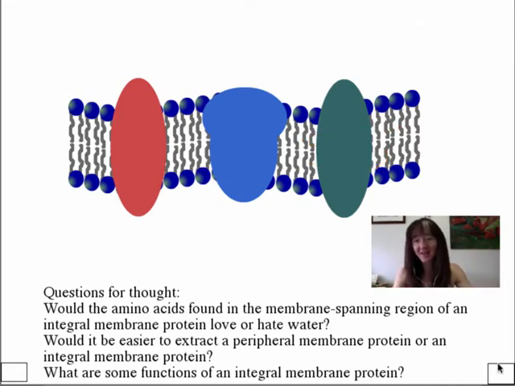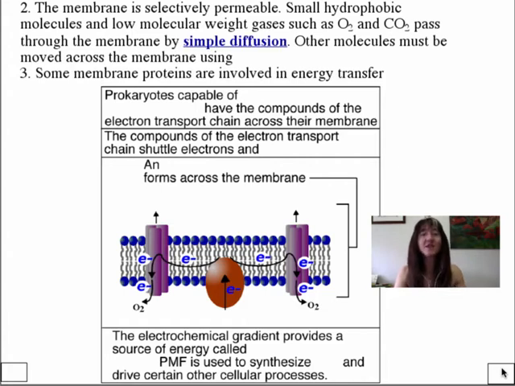So it's a lot like a membrane. Only those small hydrophobic molecules like oxygen and carbon dioxide may pass by simple diffusion. Other molecules have to get in using a special transporter. So there has to be some protein that is dedicated to allowing in these other molecules.